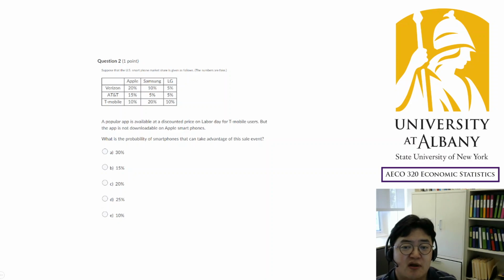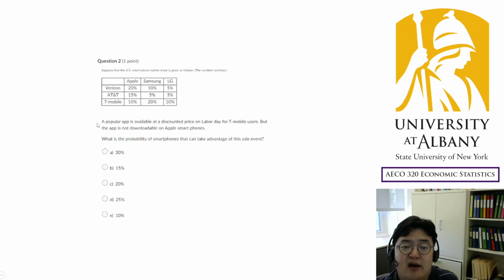In this question, this example is about smartphone and carrier. I assume that there are 3 types of smartphone makers: Apple, Samsung, LG. By the way, LG closed its business, so I have to update this question. And 3 carriers, only 3 carriers: Verizon, AT&T, and T-Mobile.